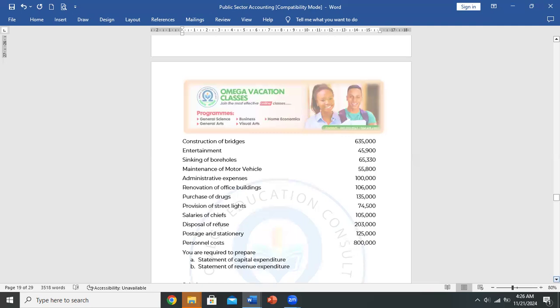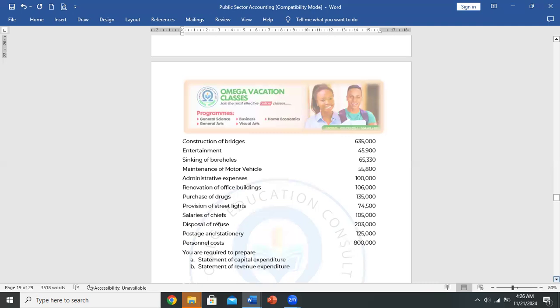Purchase of drugs. Recurrent. Exactly. I love that. Because you have to buy drugs. The government, with this National Health Insurance Scheme, they always have to buy drugs for the hospitals. Okay, so it's recurrent. It occurs more often.